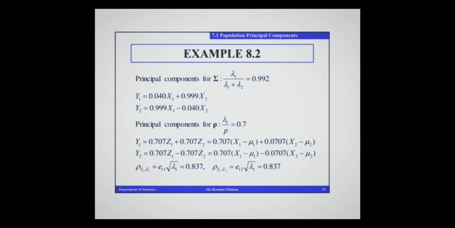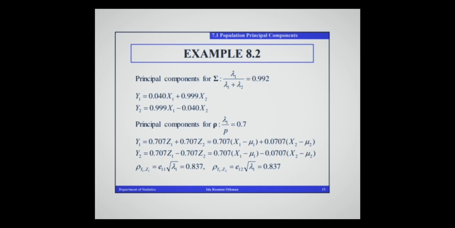Let's say this one, how does it get 0.992 here? In your textbook it is actually there. Okay. Which is lambda 1 divided by lambda 1 plus lambda 2. You will get 0.992. So it means here that when we are using only the first principal component, the total variation is high, right?